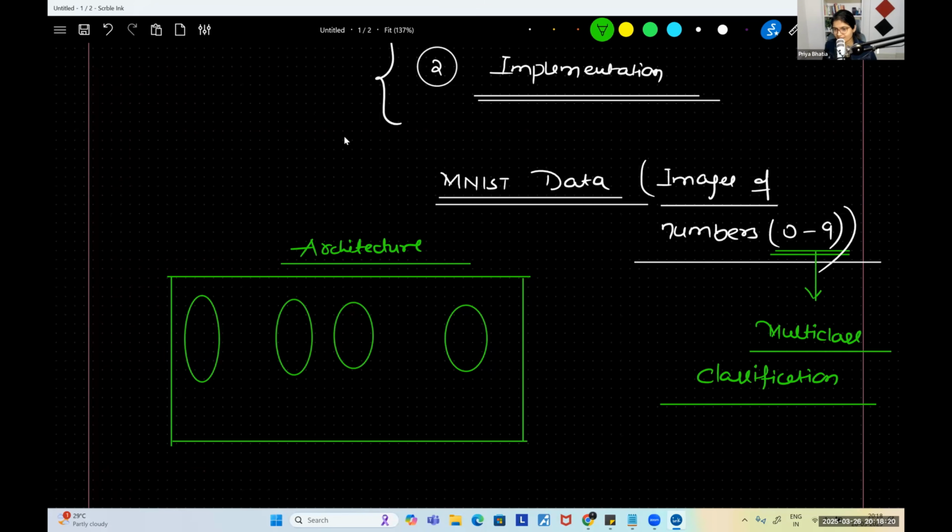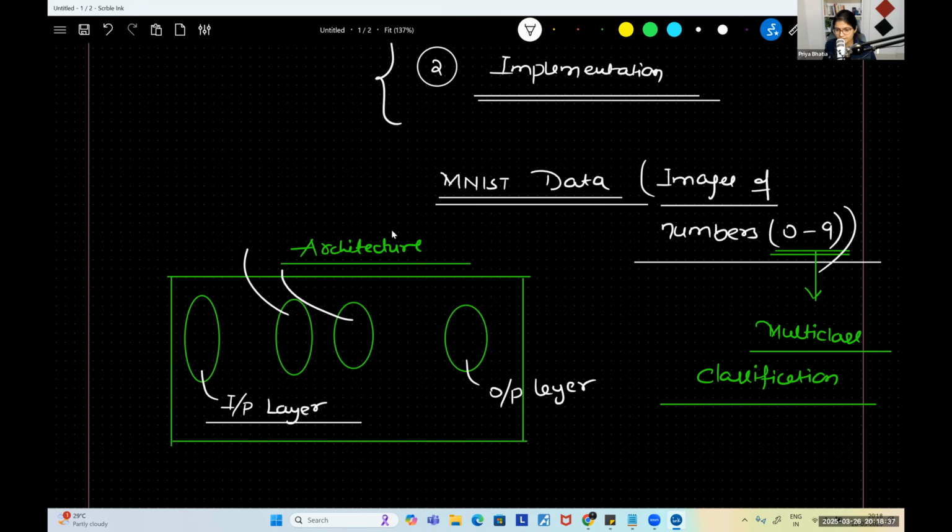That is the meaning of architecture. Layer is a different story. Layer, I think in the very first class we discussed. This is the input layer. This is a layer. A layer is a single layer. Output layer. Every layer has its own purpose. Hidden layer.